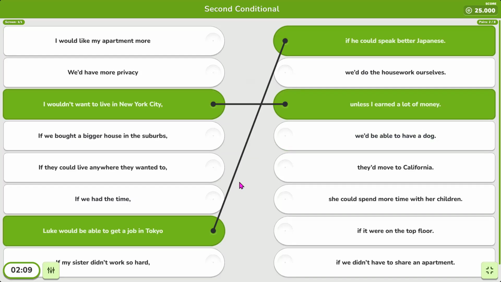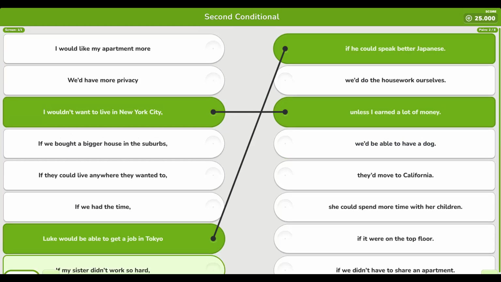Next one, my dear Christian. The last one. If my sister didn't work so hard, we will do the housework ourselves.